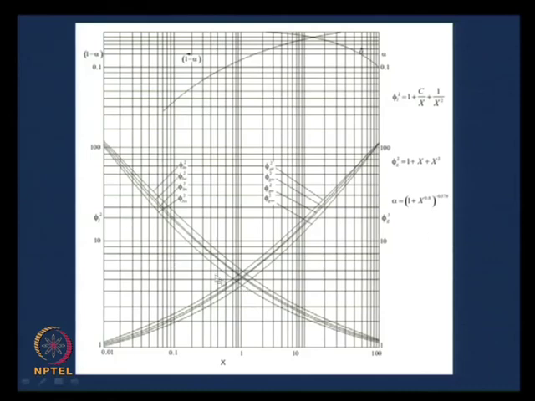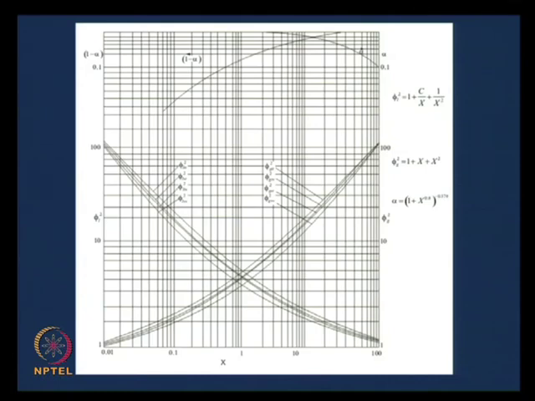Accordingly, you select one particular curve from this family of curves and then from there you come to the y axis, you find out phi L square or phi g square, whichever you are required to find out. From there you find out the frictional pressure gradient. So, this is the actual situation which is usually done in this particular case.